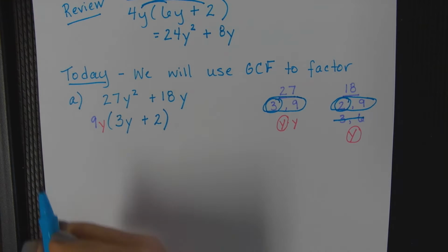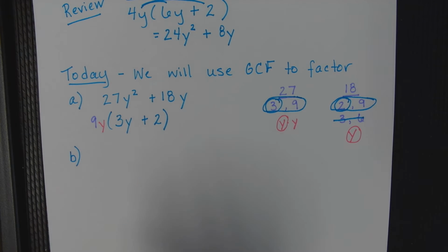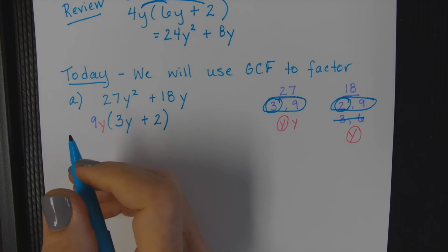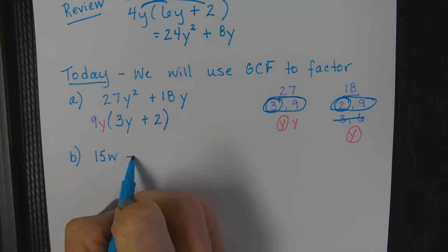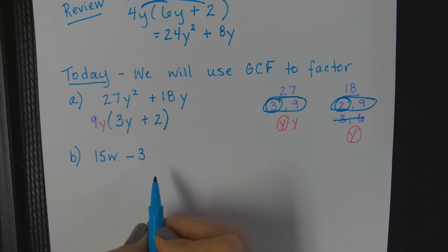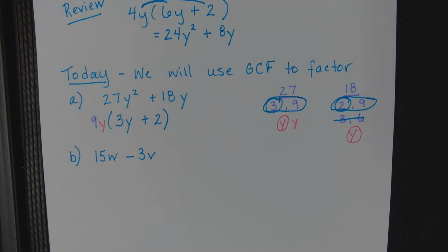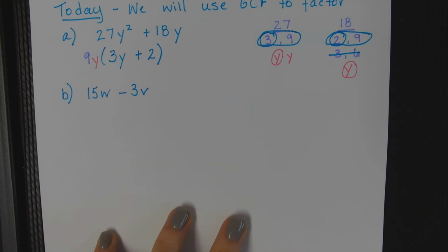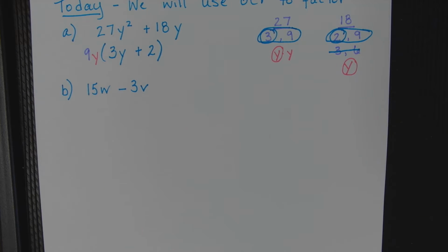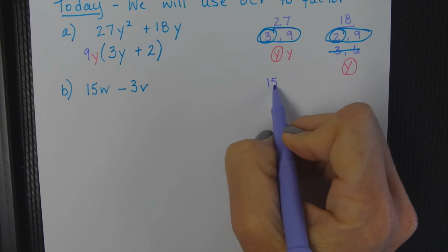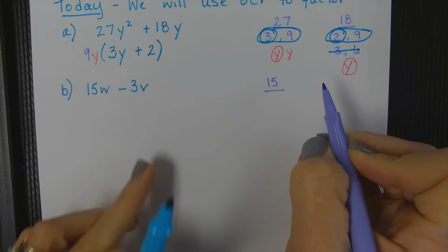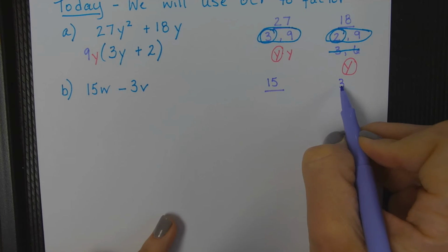Okay, so let's look at another one. D. 15W minus 3V. Let me scoot that up a bit. Okay. Let's go do our work on the side. We have 15, and what's our other number? 3.